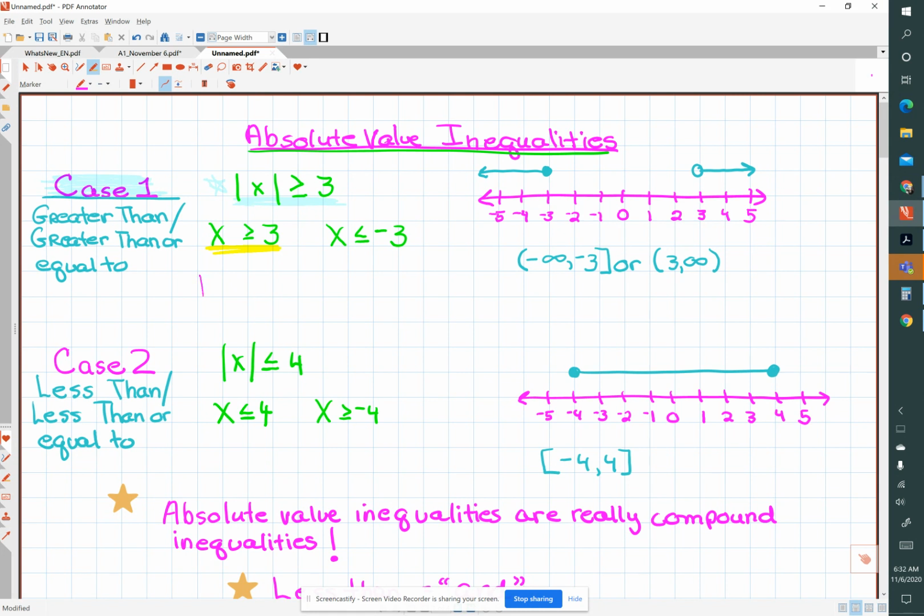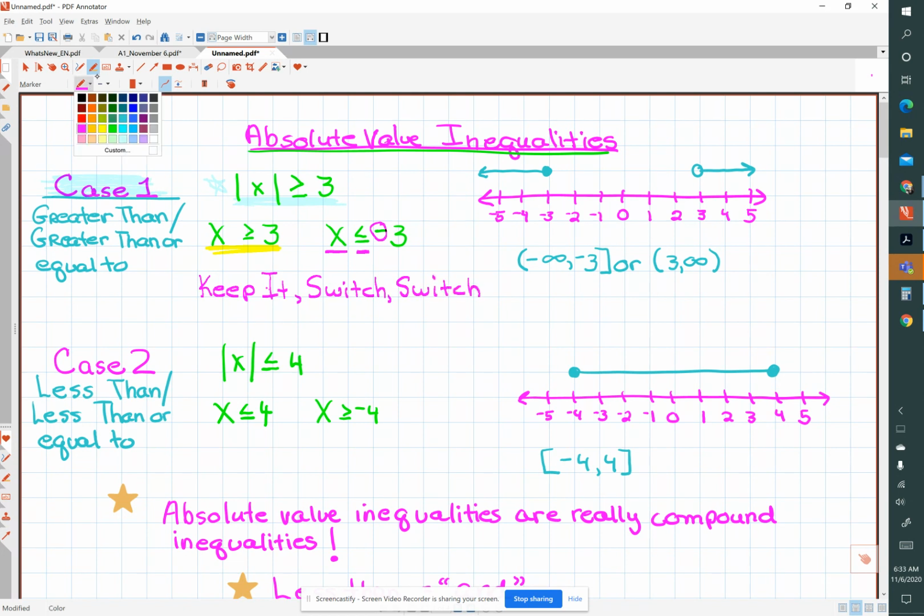We want to keep the first variable. Then we're going to switch the inequality, and then we're going to switch the sign on the constant on the second inequality.